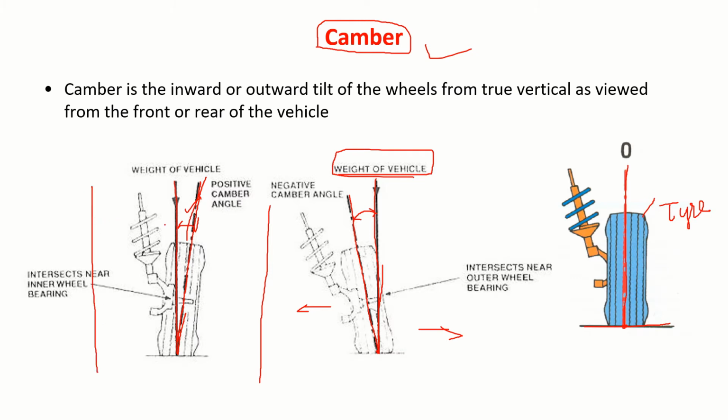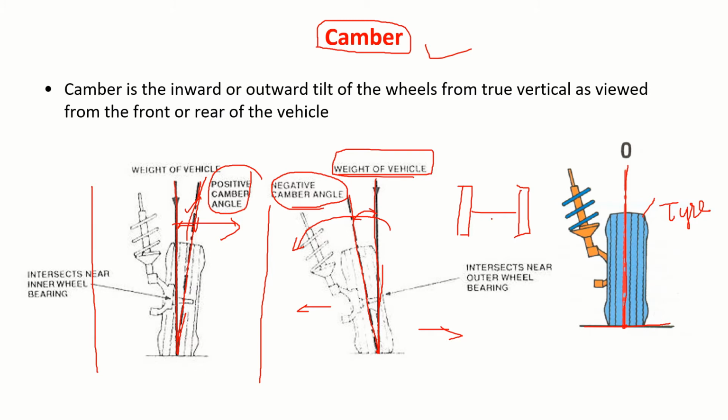Now it is tilted outwards. This I call positive camber. Here it is tilted inwards. I call it negative camber. Correct? You can see this. Now you see the front view of the vehicle.